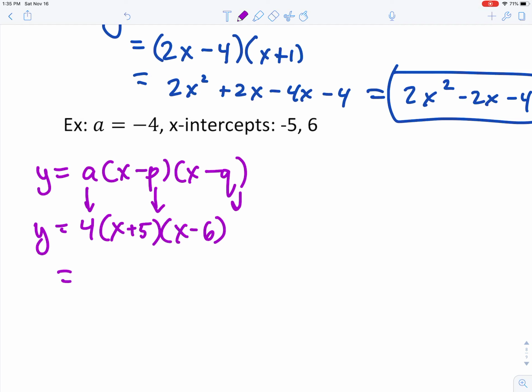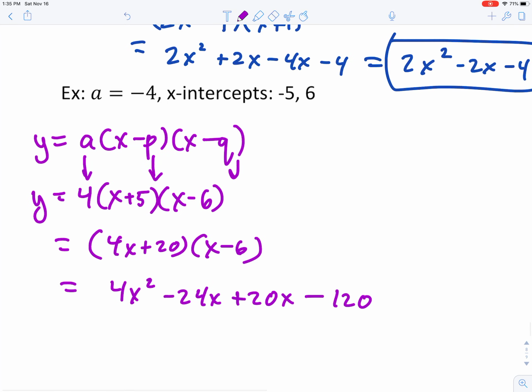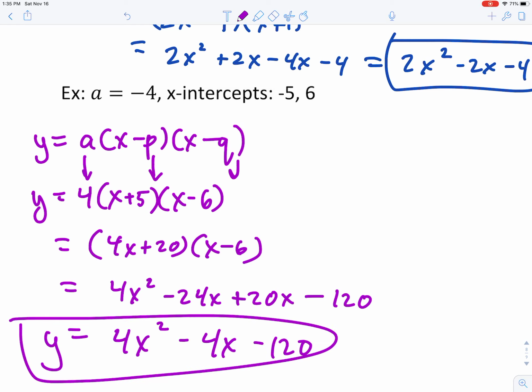And go ahead and start multiplying. I get 4x plus 20 times x minus 6. And then I've got a 4x squared minus 24x plus 20x minus 120. Combine your like terms, and you get the following. And that will be your equation.